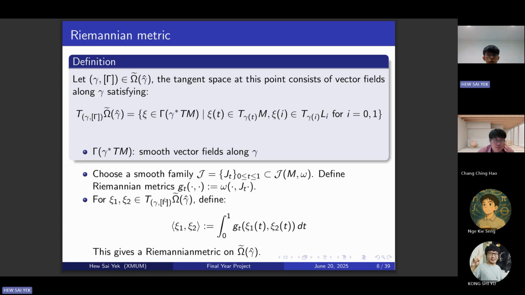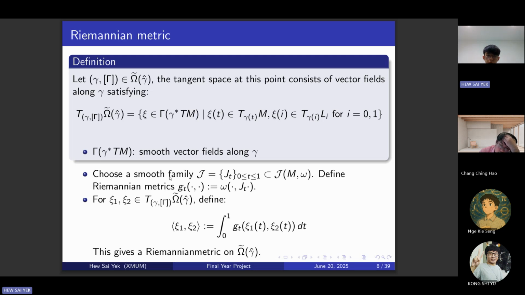Now we want to define the tangent space of the universal cover of the component. The tangent space is defined by the vector fields along gamma, with values in the tangent space of M, with boundary conditions on L0 and L1. Now we choose a smooth family of almost complex structures.